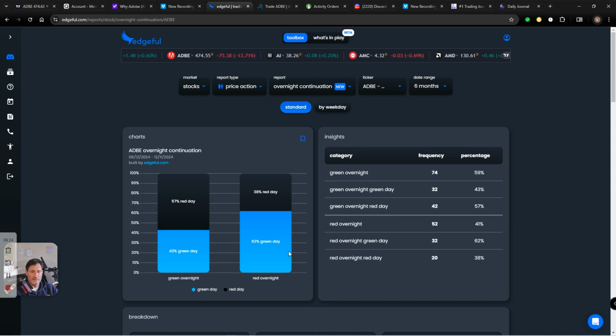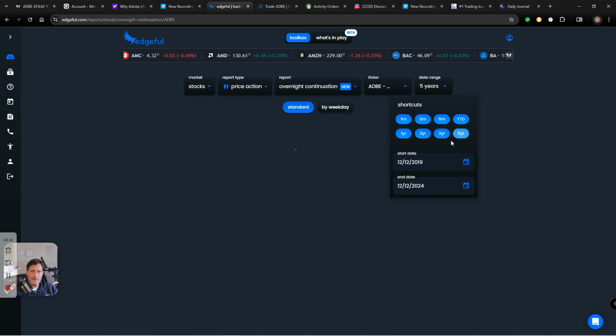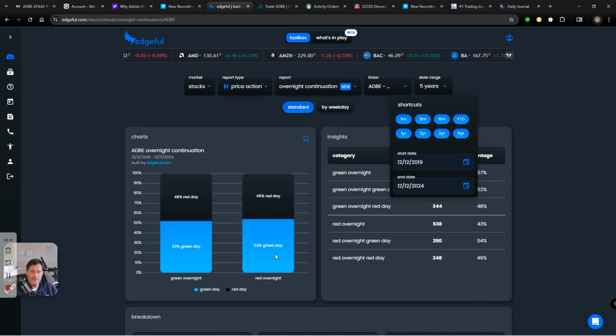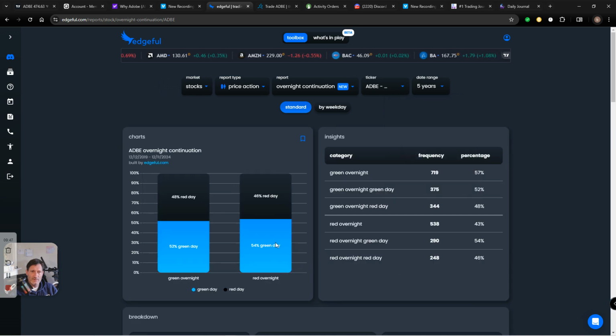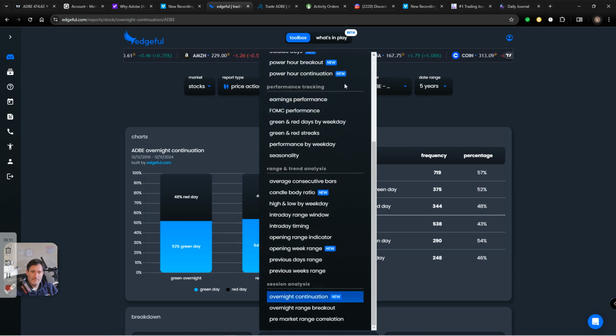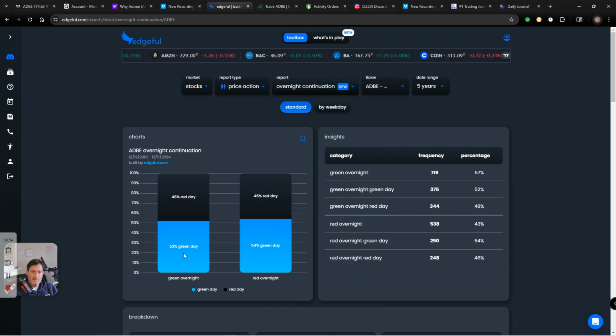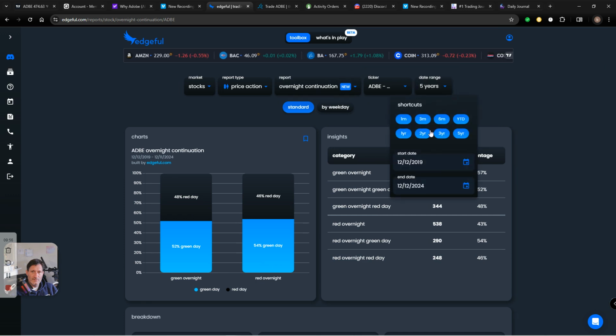It's like the Edgeful overnight continuation here, red overnight. Generally the next day it looks like there's a 62% green day. So in the past 6 months, let's see, 5 years, what it says, 54% green day the next day. So on the 5 years.